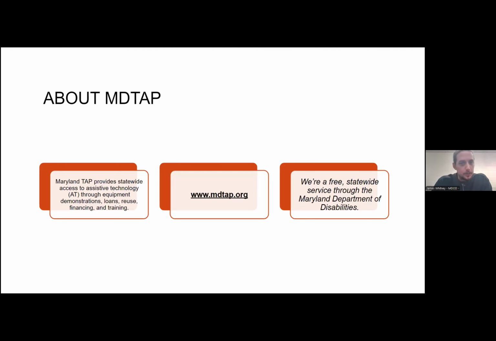We can meet with folks who have disabilities or other professionals in the field: OTs, PTs, speech language pathologists, special education teachers, caregivers, et cetera. So we work with folks who have disabilities as well as adjacent professionals who work with them. Our overall goal is to spread information and access to AT devices and services. Our demos and loans are just one part of what we do.